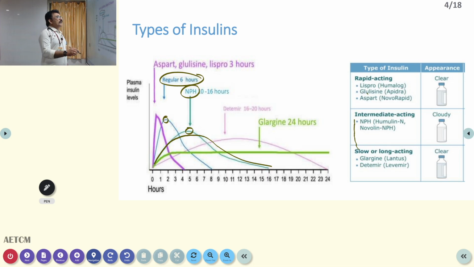But whereas if you are giving aspart, glulisine, lispro, you can continue NPH for long term control, or you can either go for detemir or glargine. The problem in chronic diabetes is there will be long-term exposure of insulin in our body. So antibodies are produced against these human insulins.